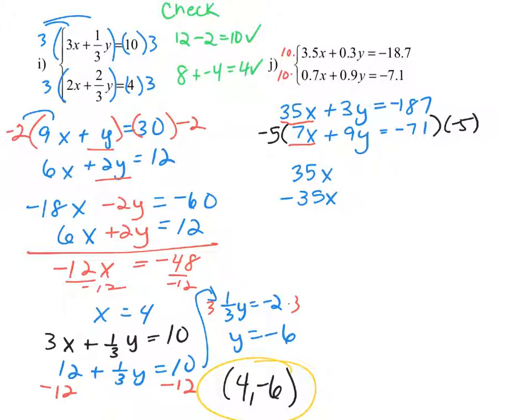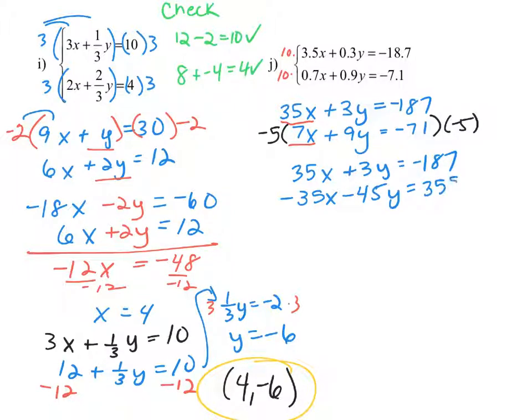The first equation we're going to leave alone, so I'm going to write it one more time here. 35x plus 3y equals negative 187, and then the second equation, distributing that negative 5, times 7x is negative 35x. Negative 5 times 9y is going to be minus 45y, and negative 71 times negative 5 equals 355.